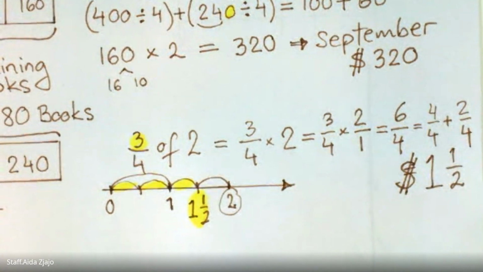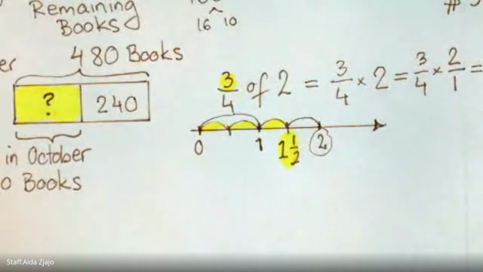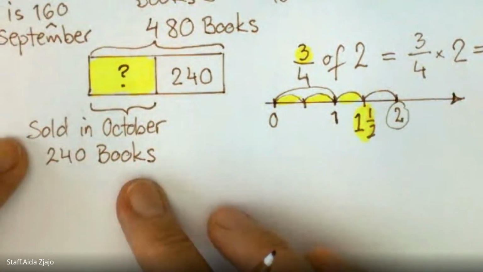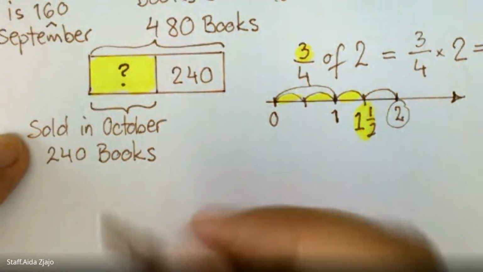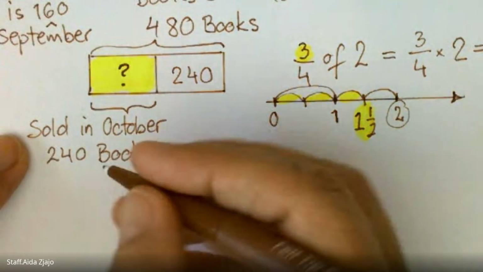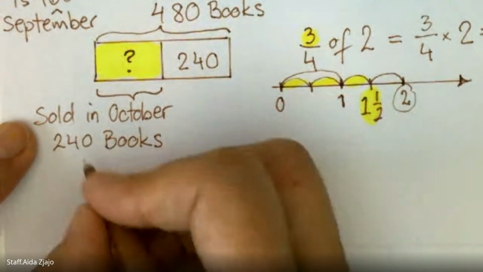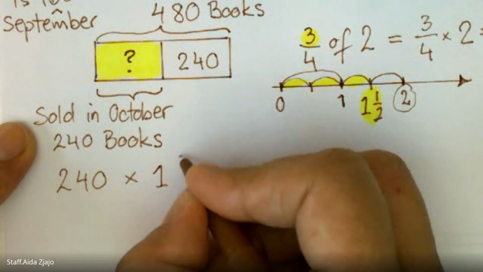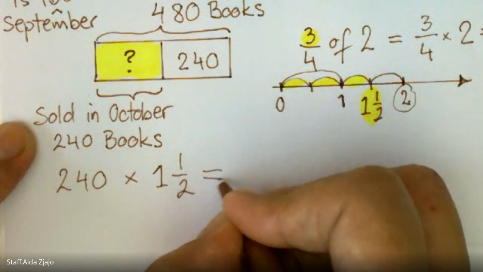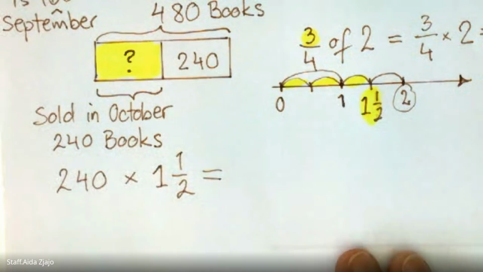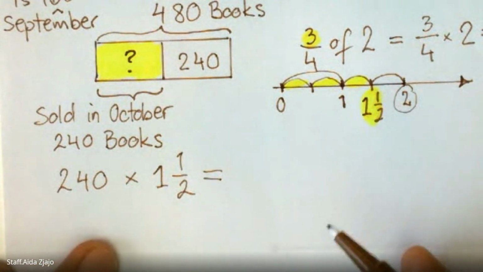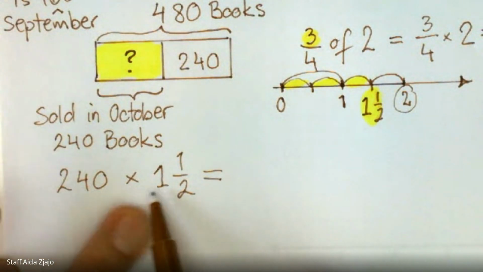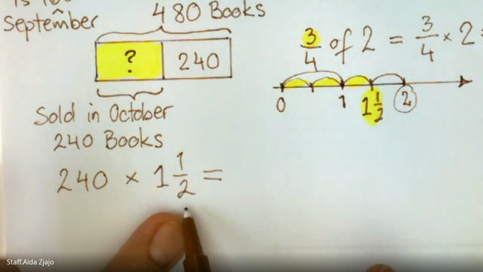And now we know that in October he sold 240 books, and each book is $1.50. So we need to do 240 times 1.50. This also could be thought of using the distributive property. You can think about 240 times 1 and 240 times 1/2.